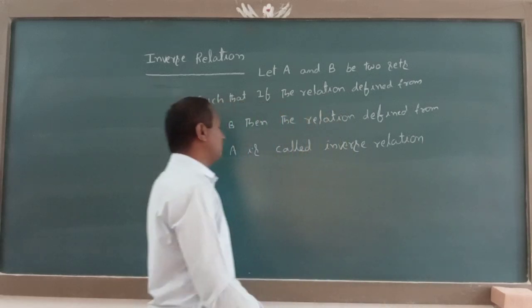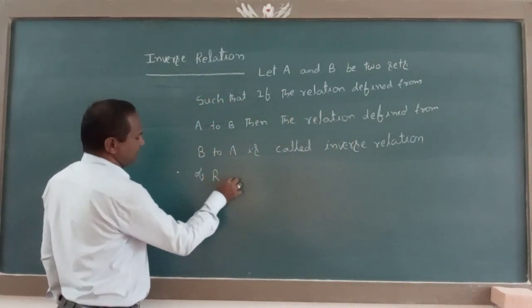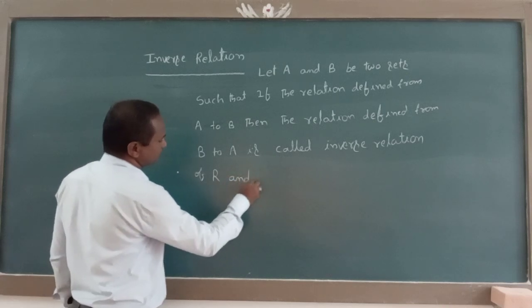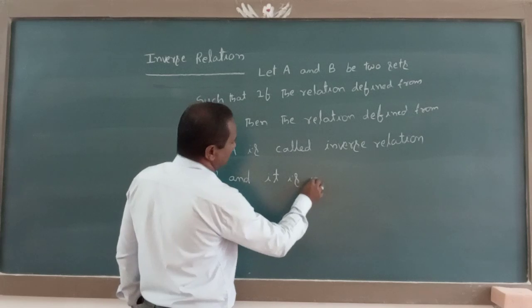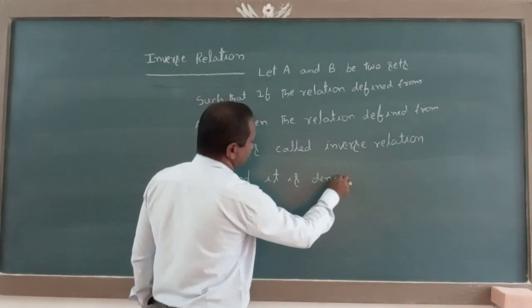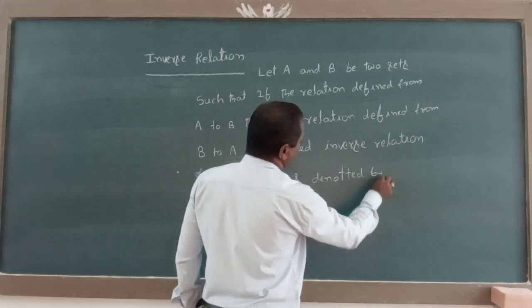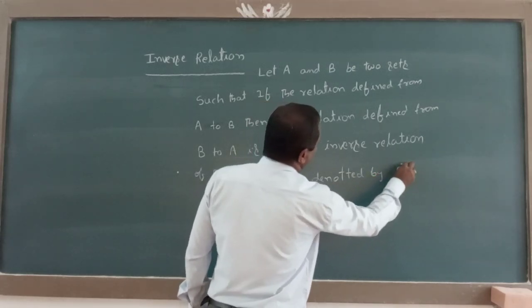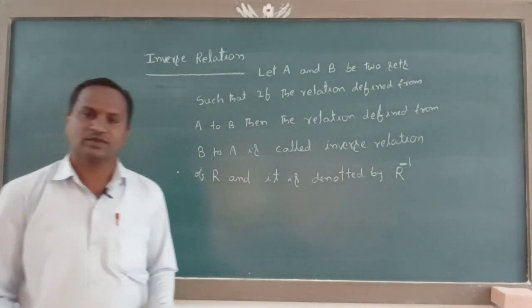It is called the inverse relation of R, and it is denoted by R inverse, represented as R power minus 1.